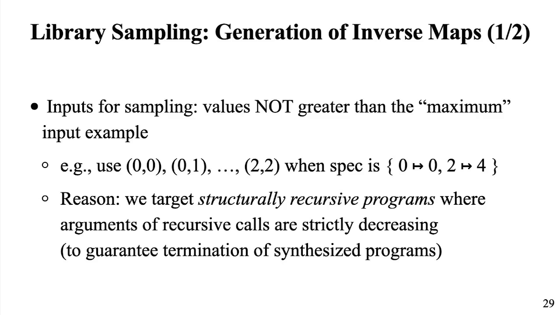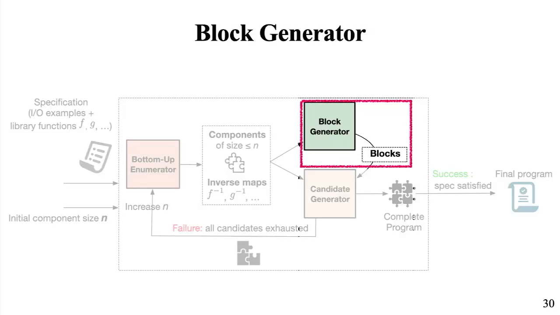The reason for doing so is we target structurally recursive programs, where arguments of recursive calls are structurally decreasing to guarantee termination of synthesized programs, and input to a target function often flows to library functions called inside of it. Next, the block generator.